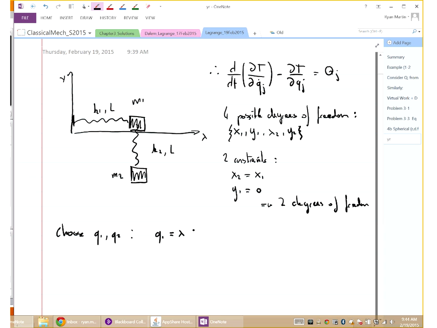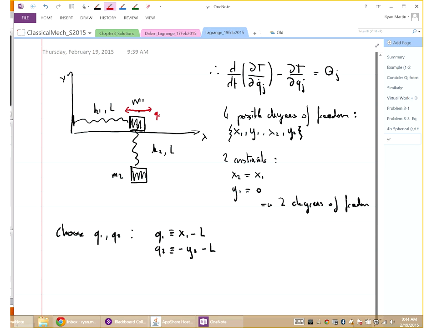I'm going to define q1 to be x1 minus L. And I'm going to define q2 to be minus y2 minus L. So q1 is really just the extension of the spring for mass m1.